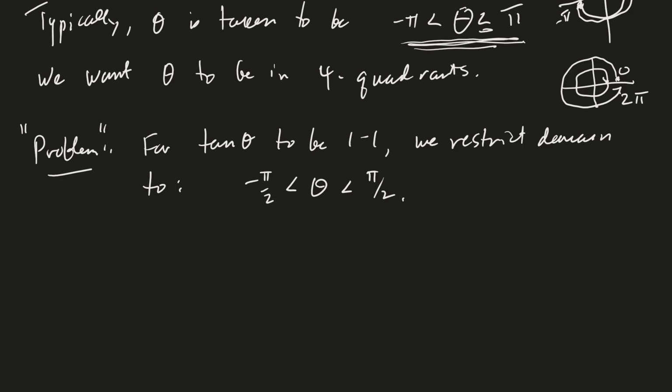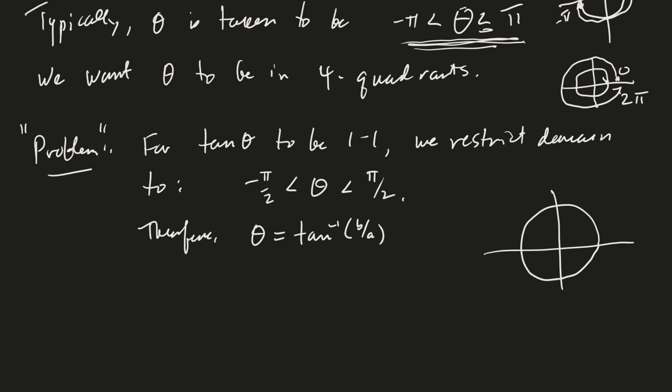Because that means, therefore, if you take theta to be the inverse tangent of b over a, right, and you look at where theta would be on the unit circle, that means that your calculator is going to run from this angle, pi over 2, to minus pi over 2. Right?